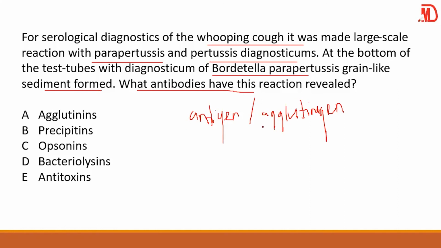So agglutination is a reaction between an antigen and antibodies.